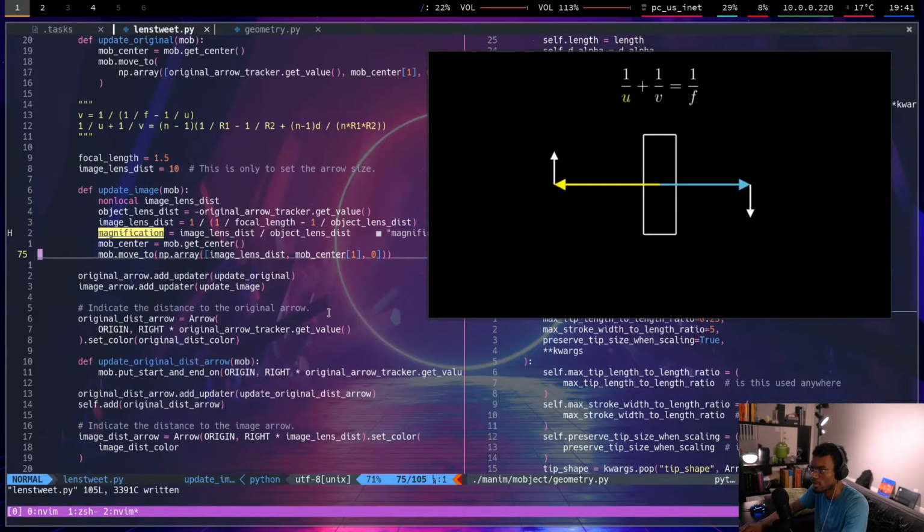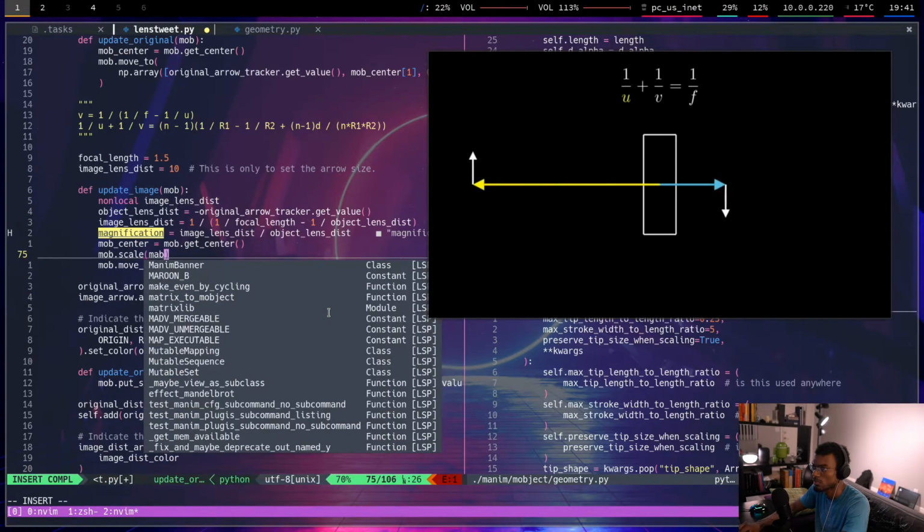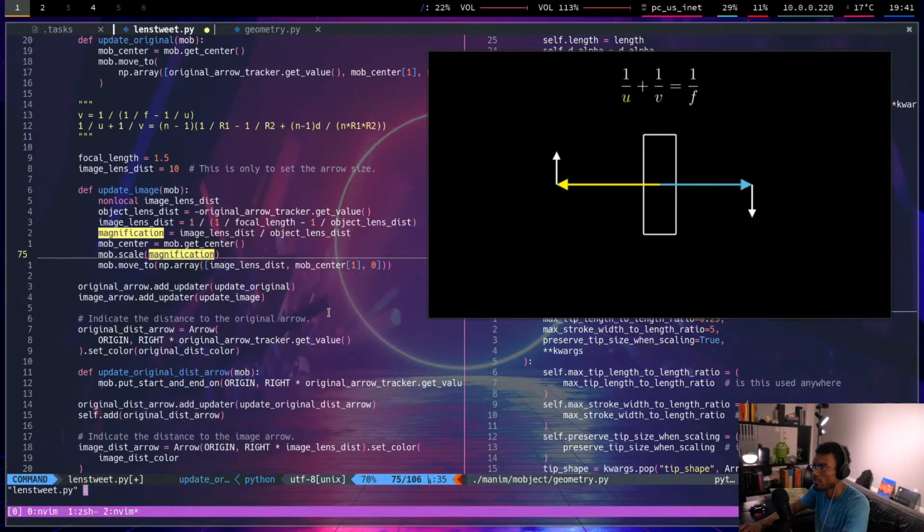I'll just scale it. So I'll just scale it first. But I want to scale it from 1. Would it be like I by mob dot get height?